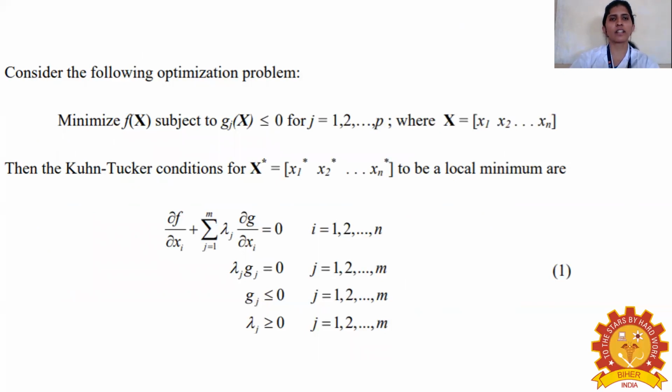Now let us consider the following optimization problem where we minimize f of x subject to given constraints gj of x less than or equal to 0.